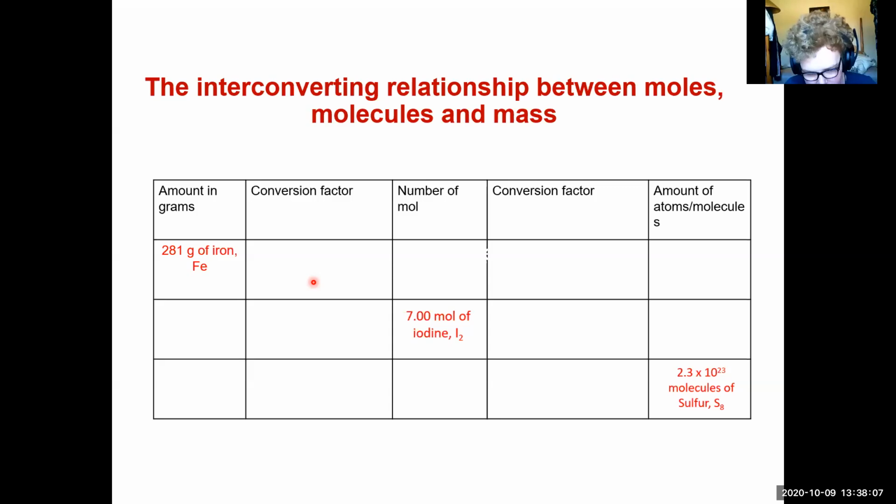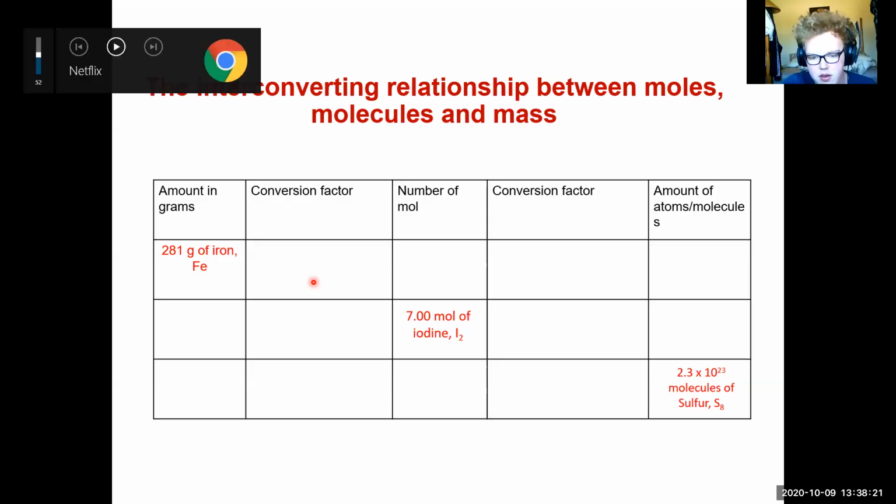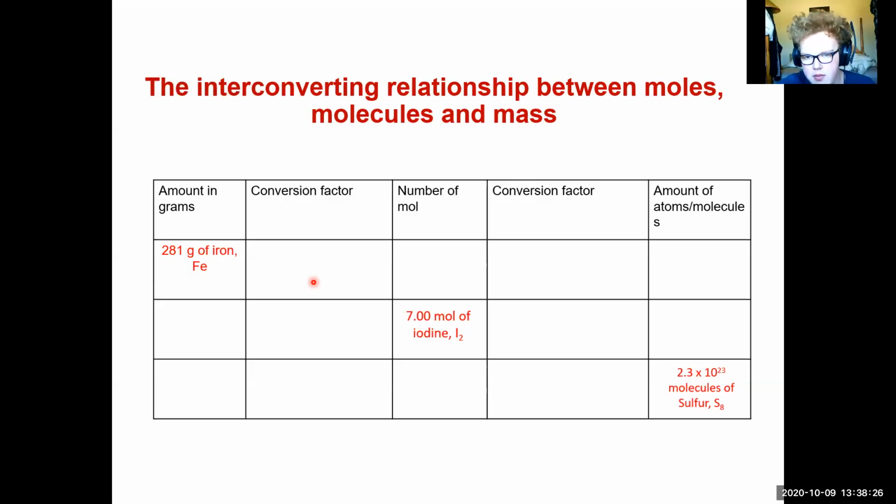The conversion factor would be 1 mole over 55.845 grams, right? Fantastic. What is your thought process for coming to that? Well, we know that the atomic mass number in grams is equal to 1 mole of that element, so if we know the element, we know its atomic mass, so we're able to do the conversion that way.